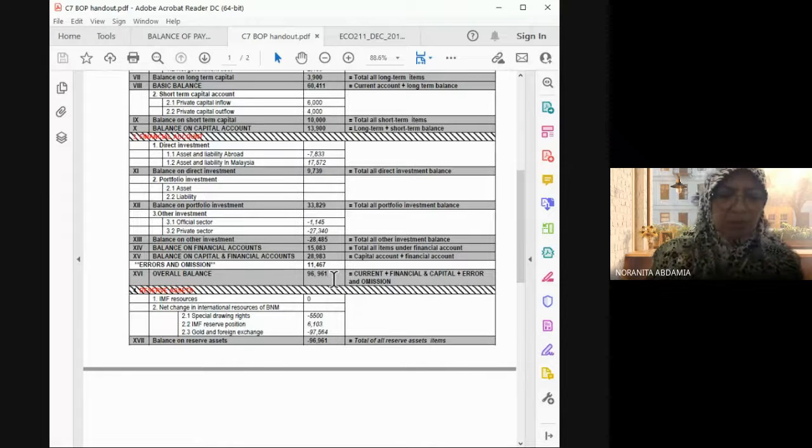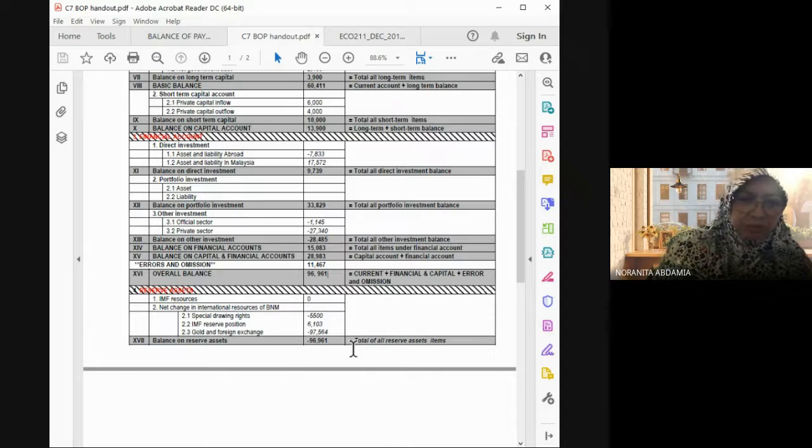So, kalau duit masuk banyak dalam negara, kita kaya tak? Logiknya, kaya ke tidak? Kaya. Bertambah tak aset? Tambah. Ya, sebab tu even though the figure is negative, the meaning is our asset is actually increase.